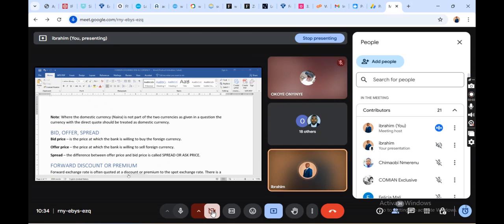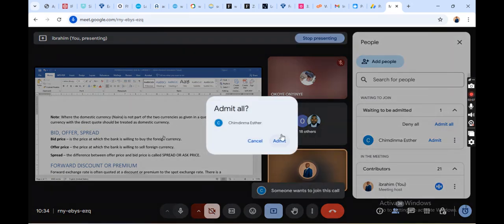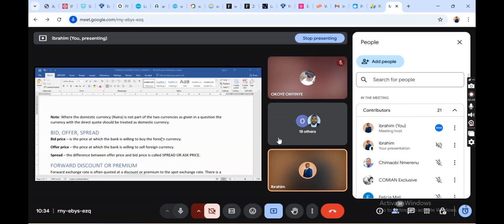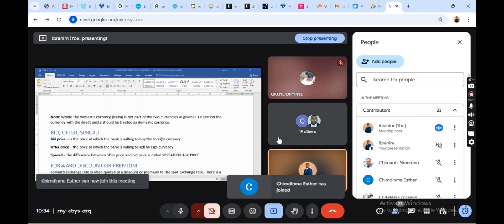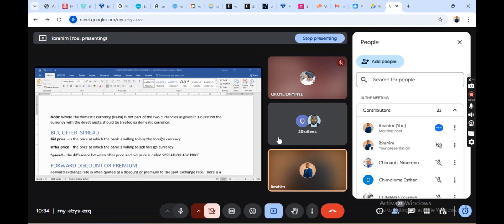Where the domestic currency is not part of the two currencies as given. What is the domestic currency? Nigerian currency is the domestic currency, which is naira. It's not part of the two currencies as given in the question. The currency with the direct quote should be treated as a domestic currency, right? Can you see it?